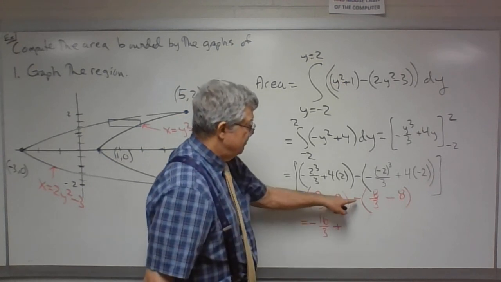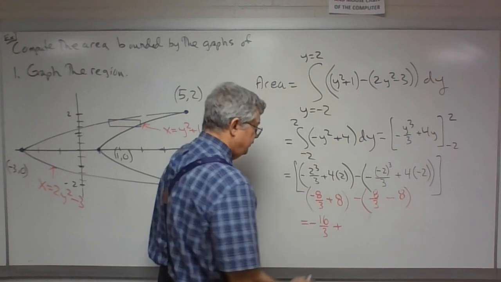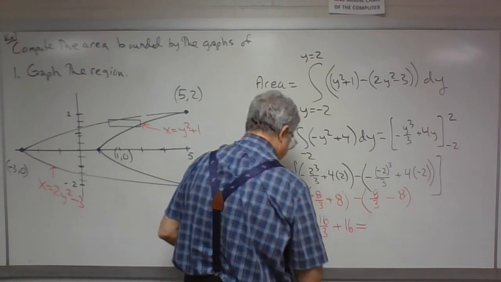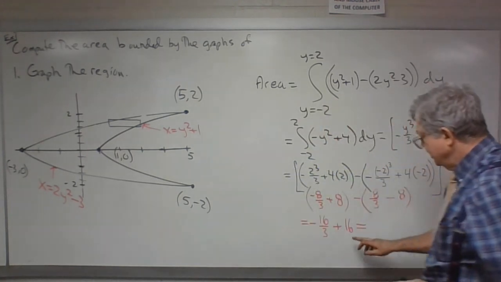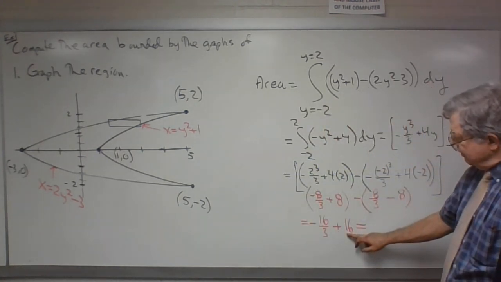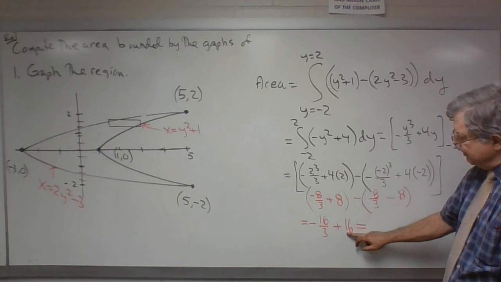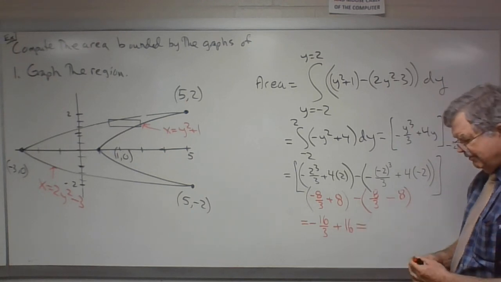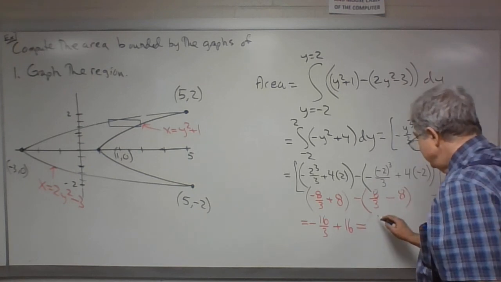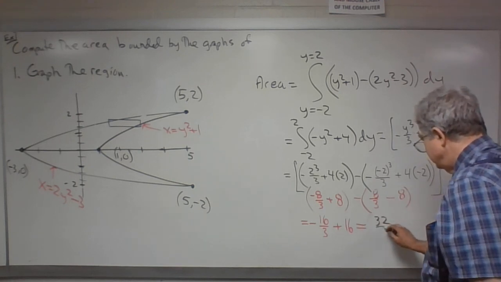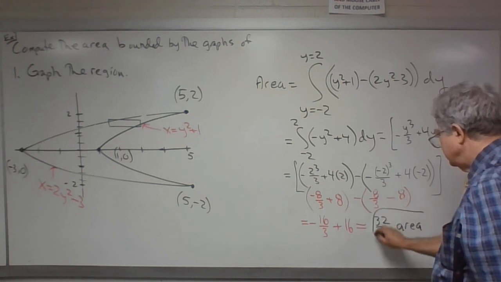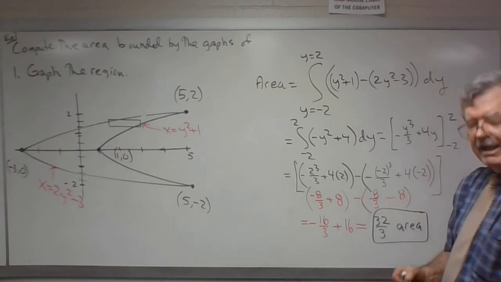And 8 minus a negative 8 is 16. This 16 is the same as 48 thirds, minus 16 thirds, 32 thirds. That's my area.